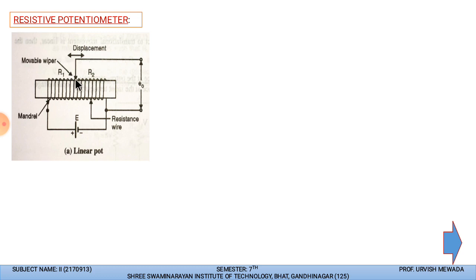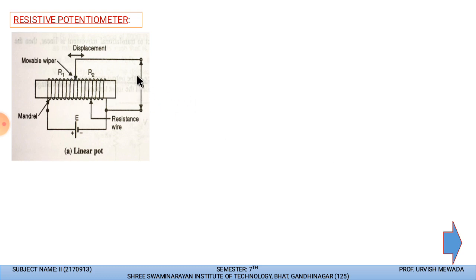As this movable point moves, the number of turns of the conductor changes, so the length of the conductor changes, and as the length changes, the current passing through the conductor will change.